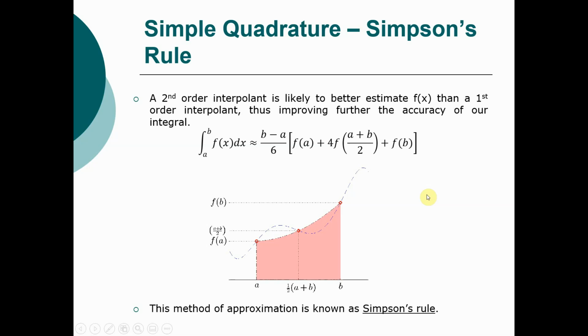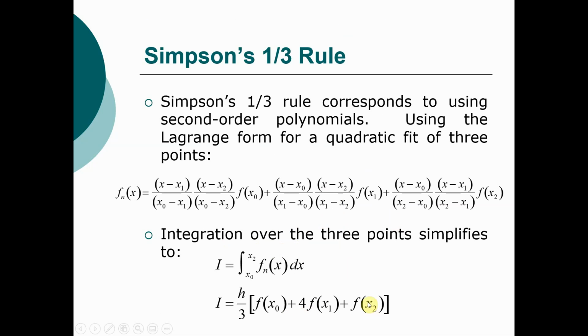Okay, if we apply the Simpson's 1/3 rule, right? So here, you see, this is f of a, this is f of b, and this is f of a plus b over 2. So exactly like what we had here, right?